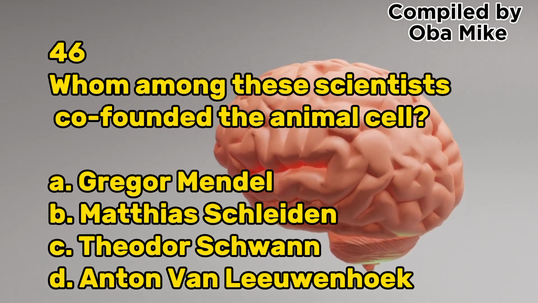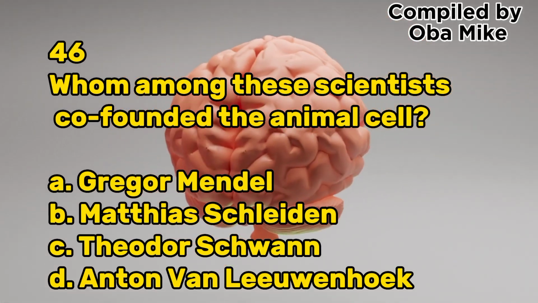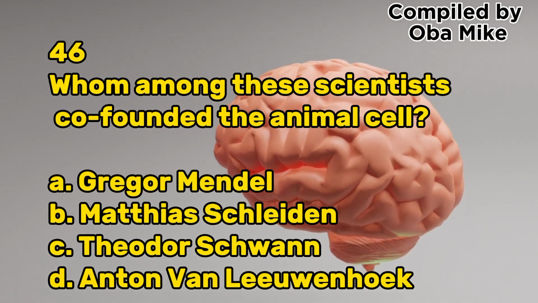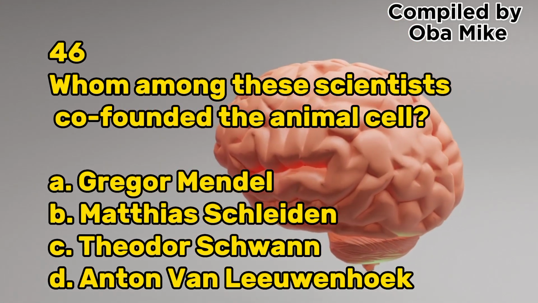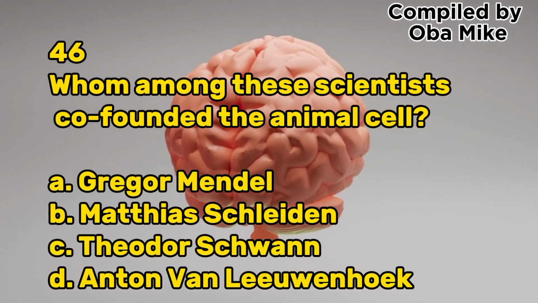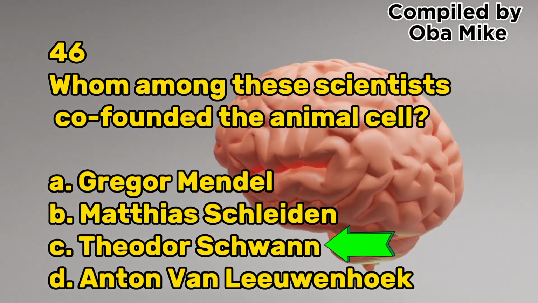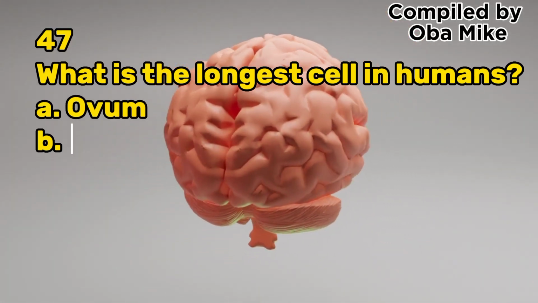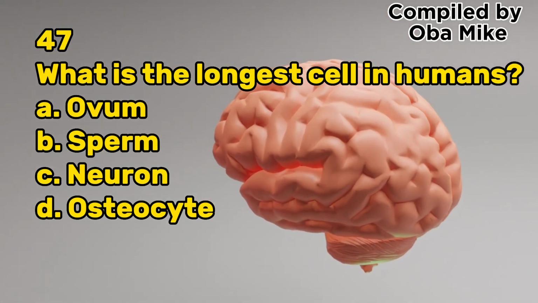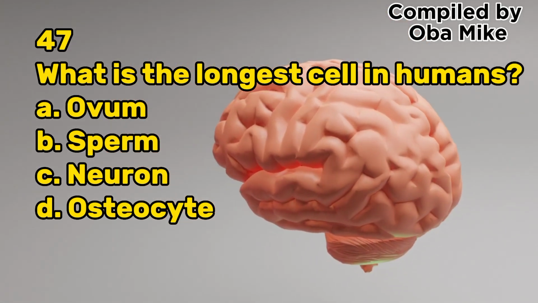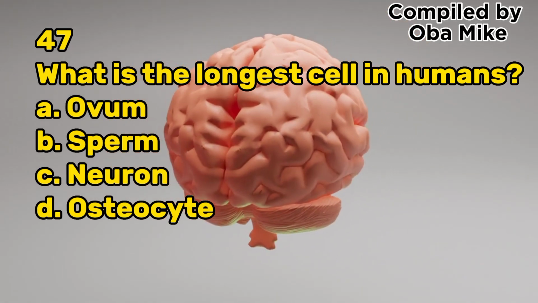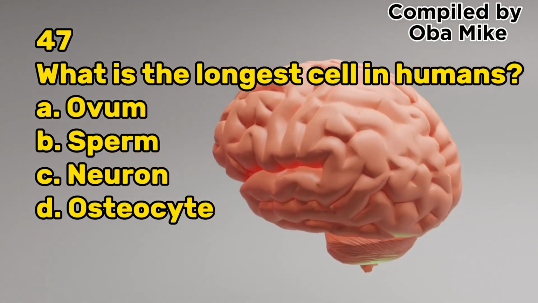A. Gregor Mendel, B. Matthias Schleiden, C. Theodor Schwann, D. Anton van Leeuwenhoek. 47. What is the longest cell in humans? A. Ovum, B. Sperm, C. Neuron, D. Osteocyte.